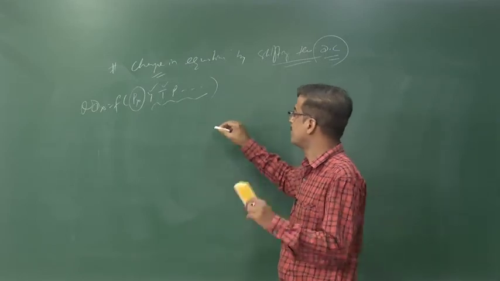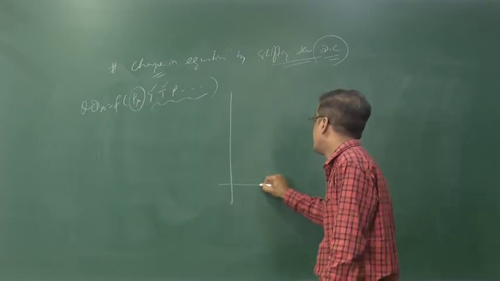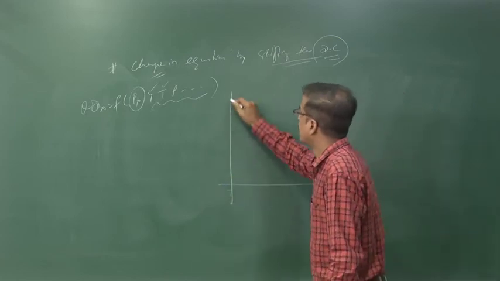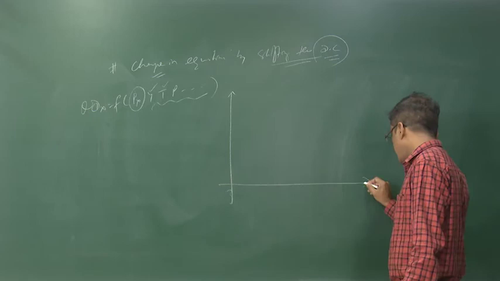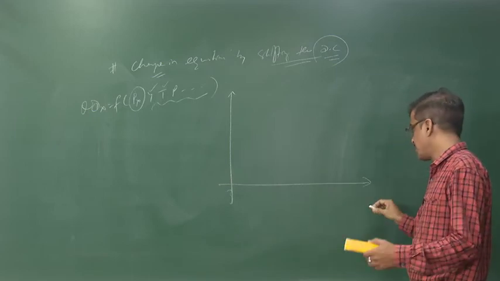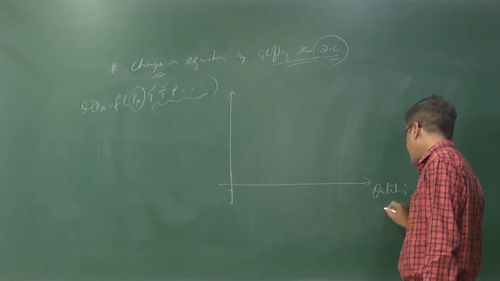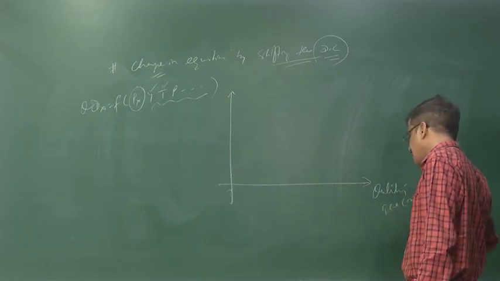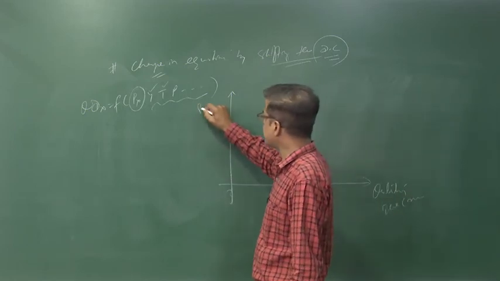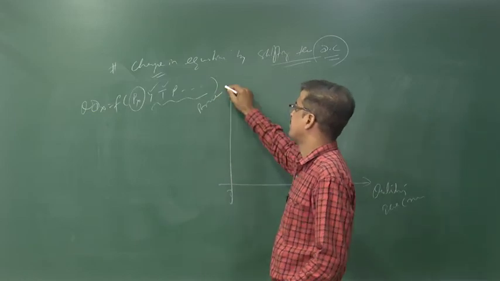Let's start with one graph. On the horizontal axis we take the demand, that means the quantity, the quantity of ice cream. Here is the price of ice cream.